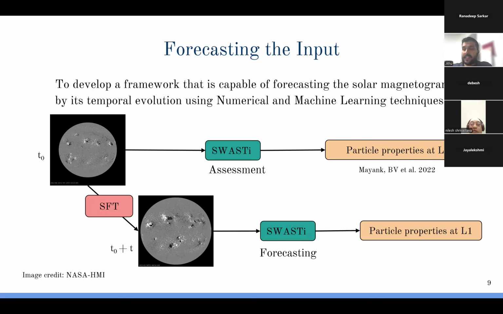Now, using the SFT, we can evolve the current magnetic field to find a future magnetogram, which can be used in the same Swasti framework for forecasting and finding the L1 properties at a later time. So the aim of the project is to forecast the input of the Swasti framework.